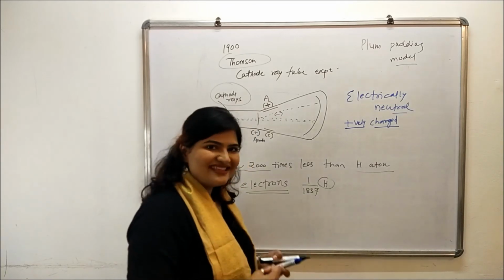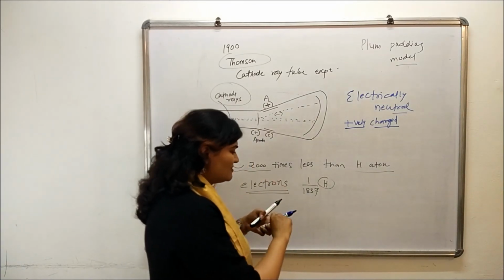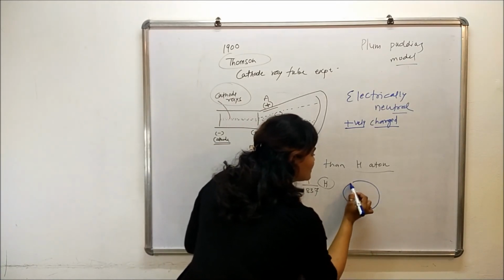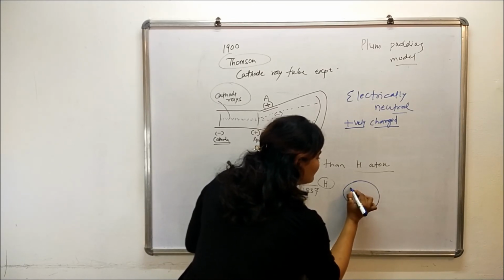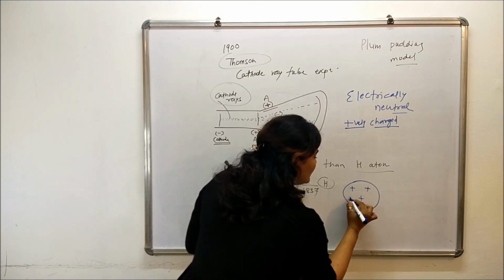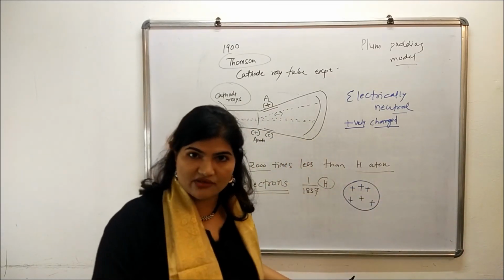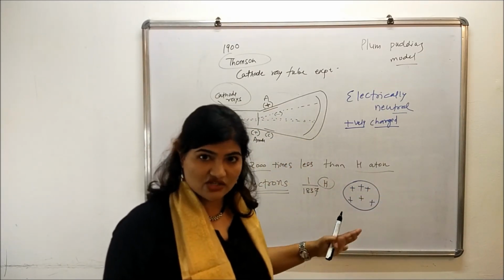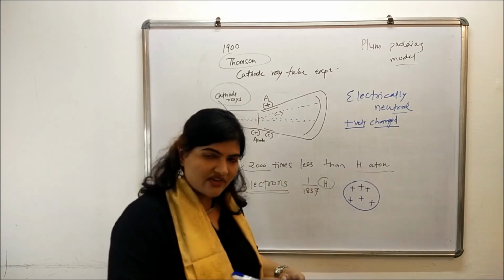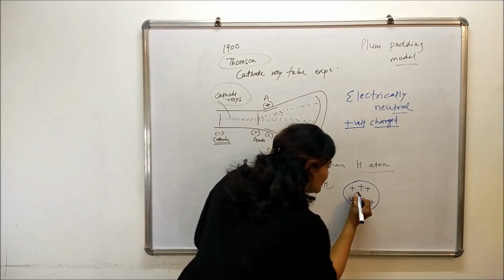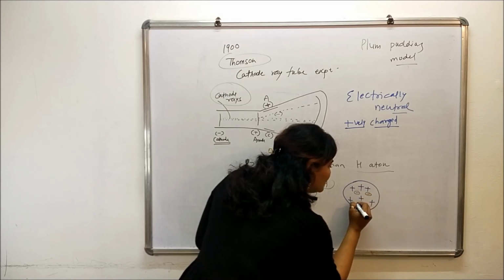So he thought in the same way that the atom must be a sphere where positive charge is placed uniformly distributed everywhere, and the negatively charged electrons are embedded within that positive charge.